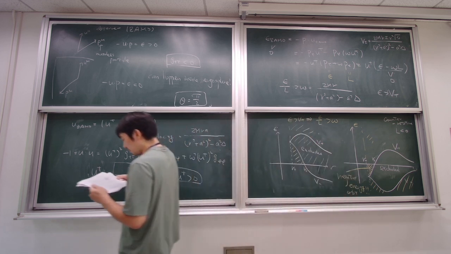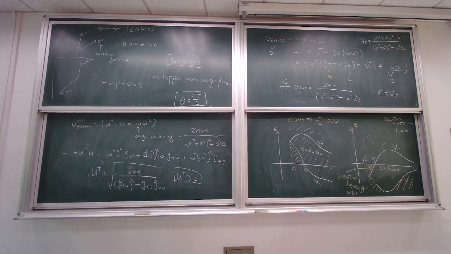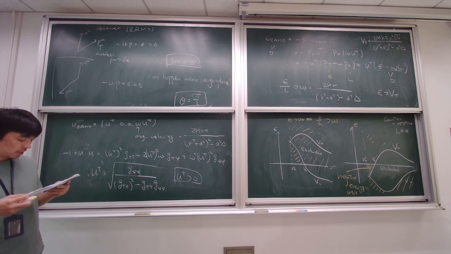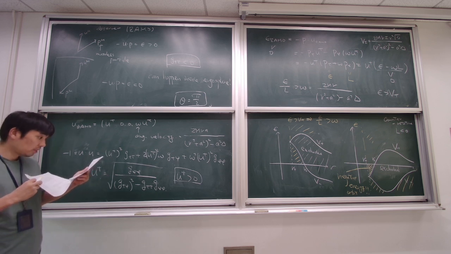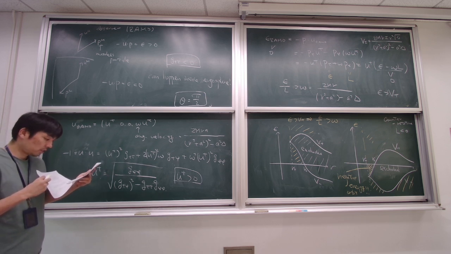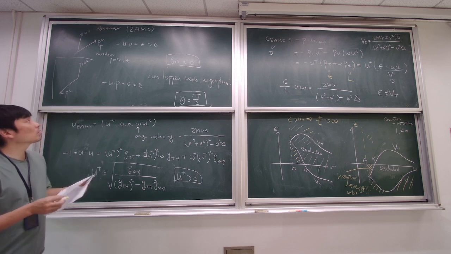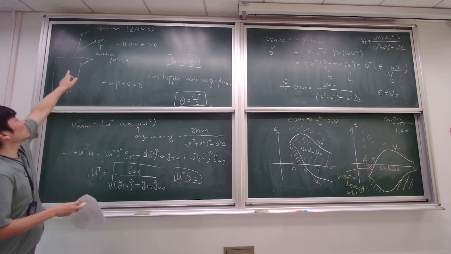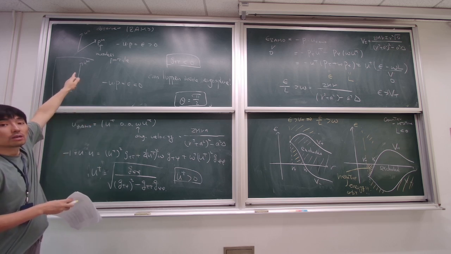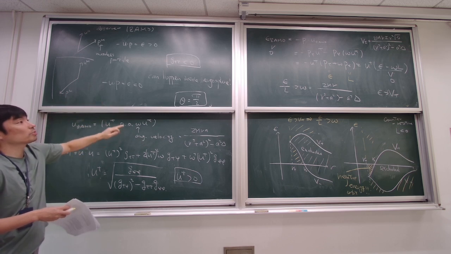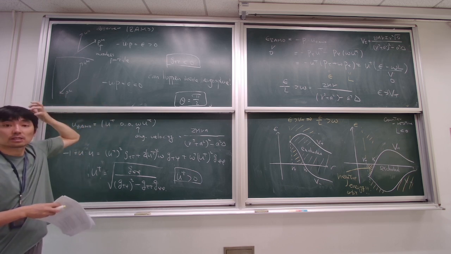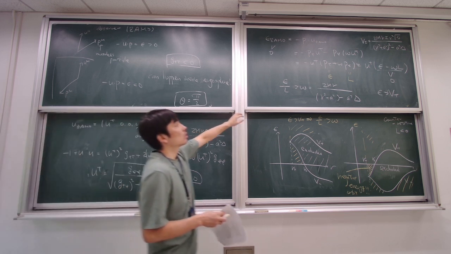Am I saying something stupid? You started with a massive particle, right? Yes. But why are you talking about a massless particle? No. Here, the observer is a massive particle, but this equation of motion is all massless.